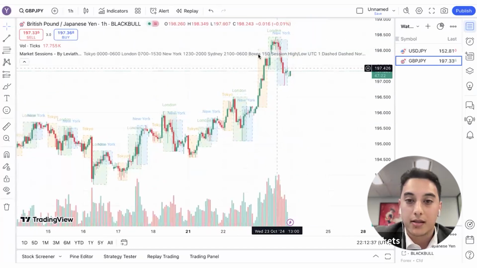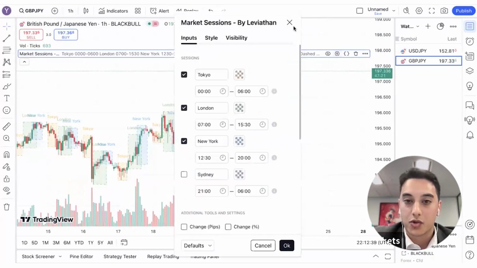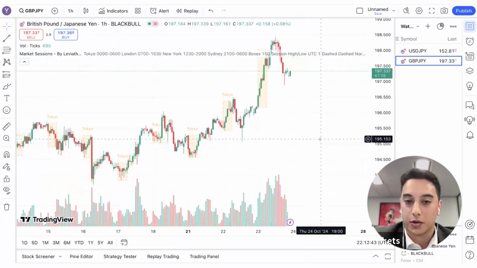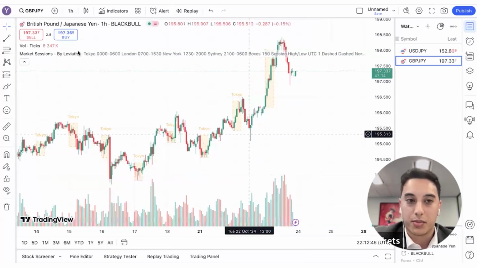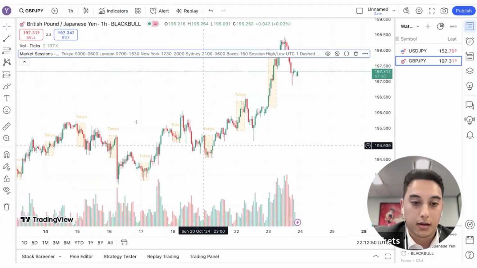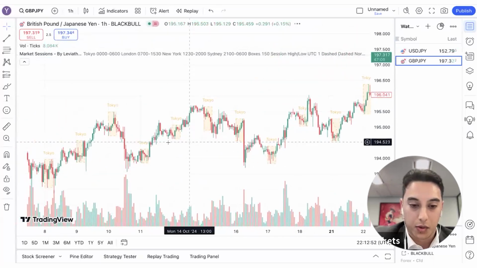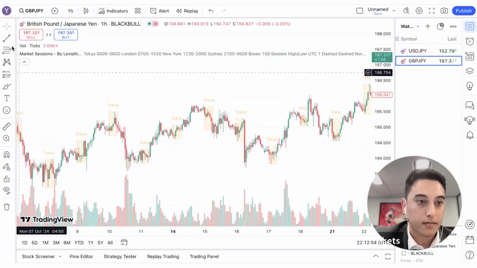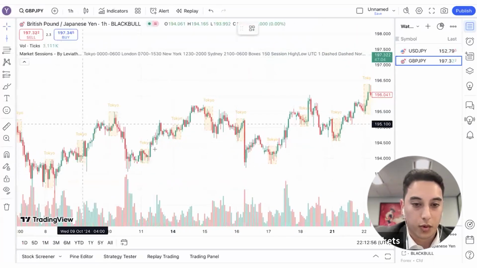Now, how I like to analyze, let's just take away the extra noise here from the London and New York session, and we're looking only at the Tokyo session. So I'm looking at this from the perspective of I only trade the Tokyo. And let us segregate the start of this week to where we are now.